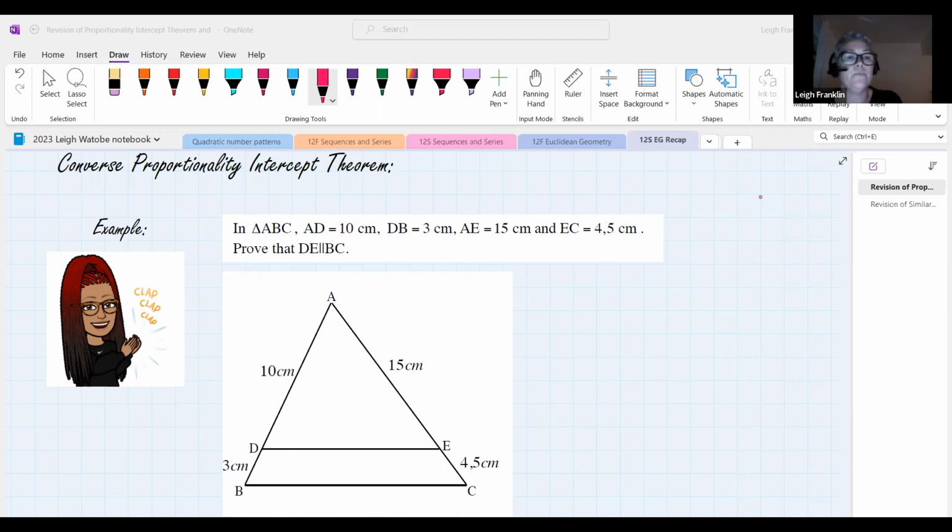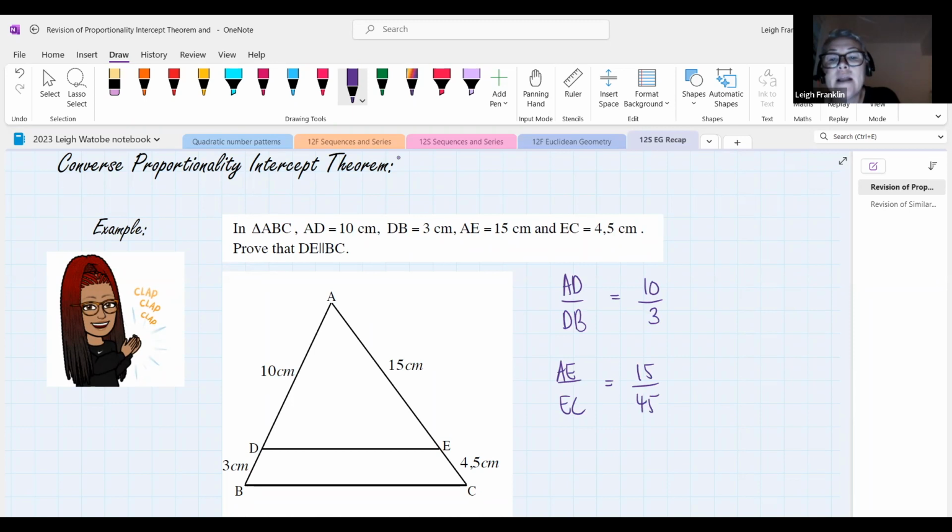It's very simple. How we set it out is like this. We work out what AD over DB is equal to, and in this case, it's equal to 10 over 3. We also, in a separate calculation, work out what AE over EC is equal to. In this case, it's 15 over 4,5. You would do that on your calculator. If you put 15 over 4,5 on your calculator, you will see that it is also equal to 10 over 3.